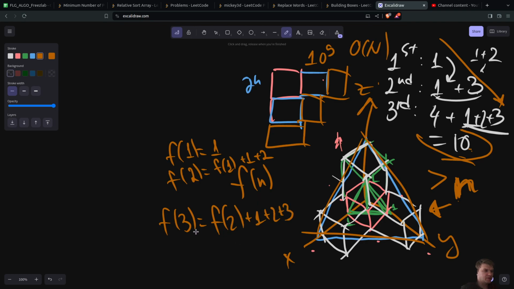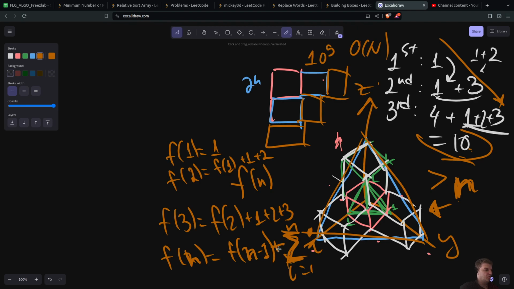So the formula is the following: f of n is equal to f of n minus 1 plus the sum of i from 1 to n.